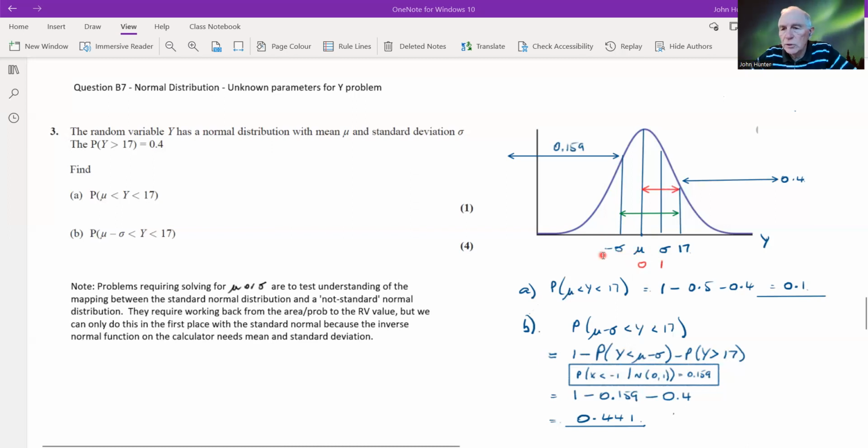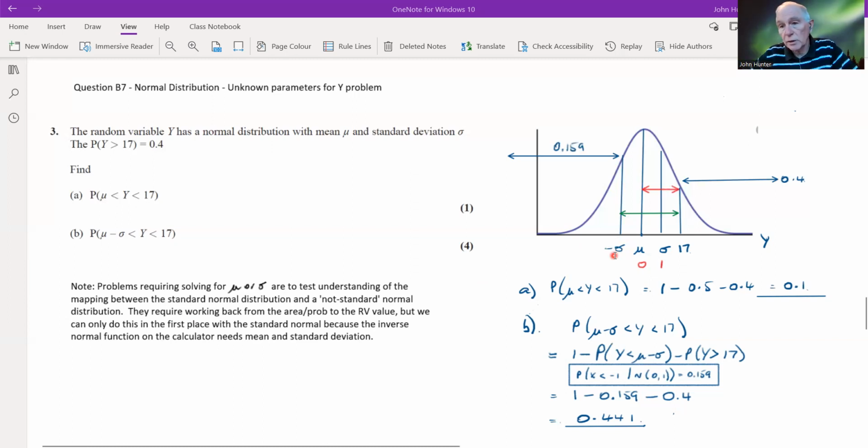If we were to translate that into standard normal terms, we've got a mean of 0 and a standard deviation of 1. That would mean, what would be the probability of the random variable falling lower than -1? And we can find that out.